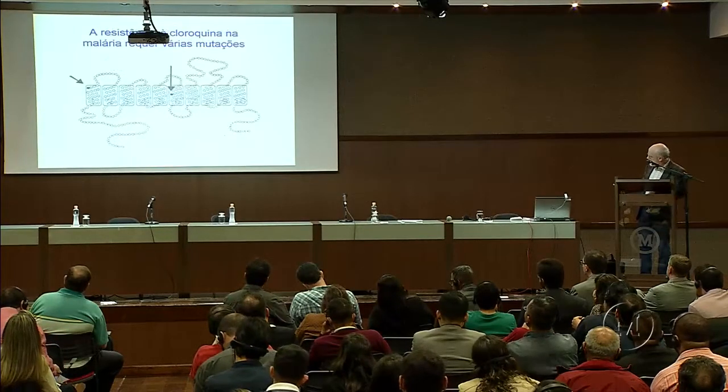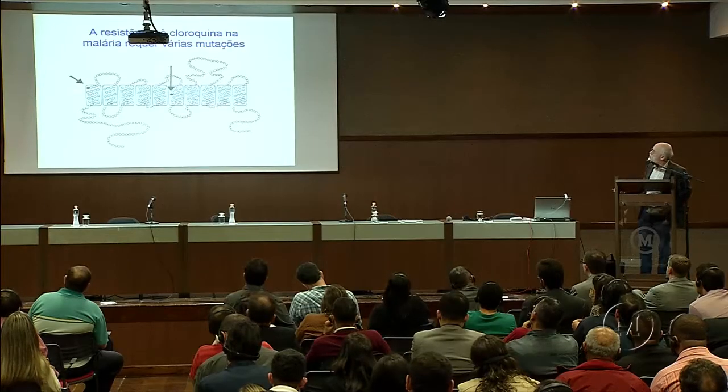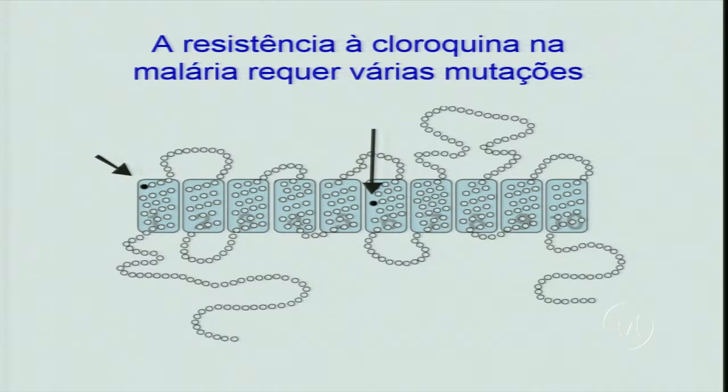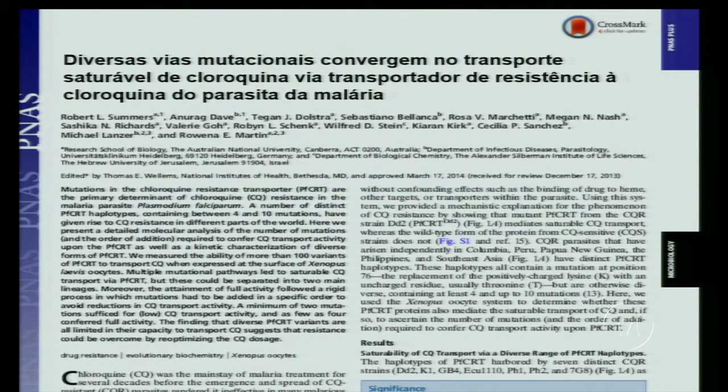And some work had been published showing that 2 mutations commonly occurred in a certain protein in chloroquine-resistant malaria. And a little bit later, about 5 years after my book came out, some researchers showed that, in fact, 2 mutations were needed for any anti-chloroquine activity, for any resistance to occur in malaria.